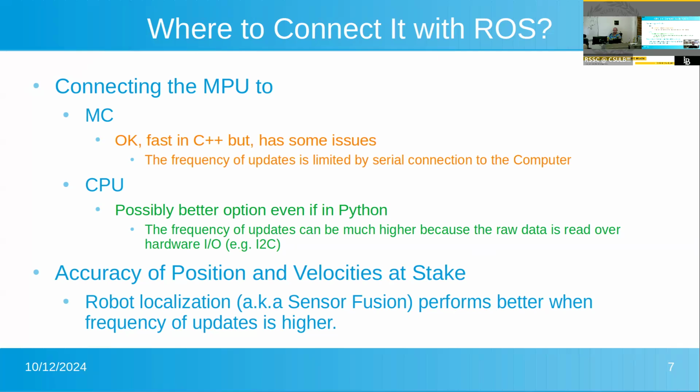So the last point here, accuracy of the position and the velocity. This information is critical for your system to predict and to calculate the position and the velocity of your robot. Okay, and this is done through something called robot localization, aka sensor fusion. And it performs better when the frequency of updates is higher.